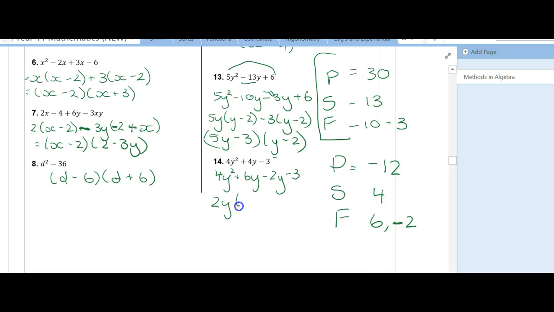So I've got 2y outside of (2y plus 3) minus (2y plus 3). If I take minus 1 out, so it's (2y plus 3)(2y minus 1). And with all of these, I should have expanded the brackets and checked that it worked.